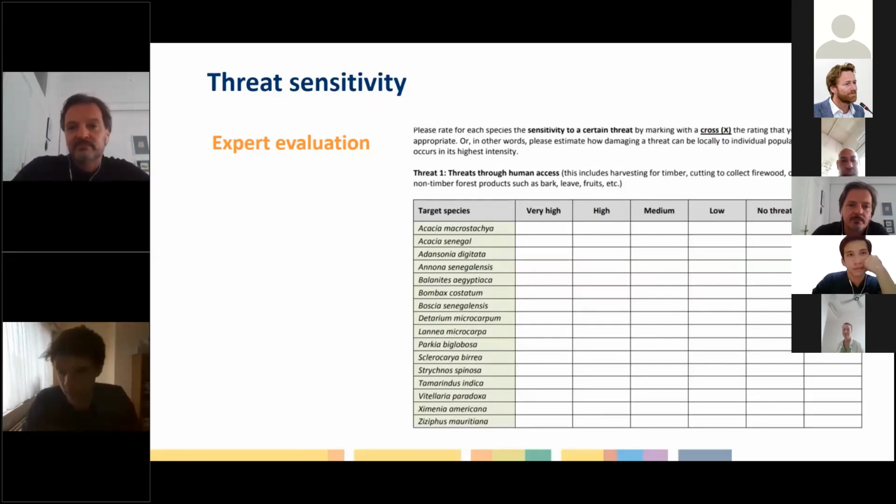On the other hand, it has the disadvantage, or Hannes and colleagues found, that different experts often gave quite different sensitivity estimates. And this may be partly related simply to the fact that the concept of sensitivity for different experts may mean slightly different things.